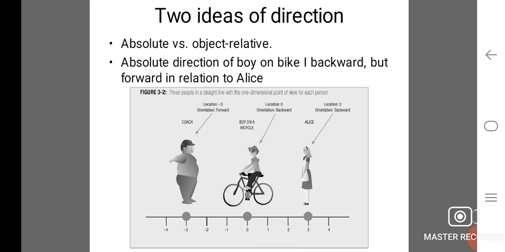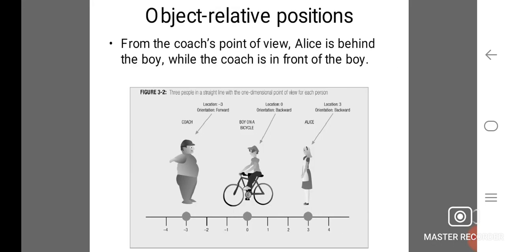Two ideas of direction: absolute versus object relative. Absolute direction of the boy on the bike is backward, but forward in relation to Alice. From the coach's point of view, Alice is behind the boy while the coach is in front of the boy.